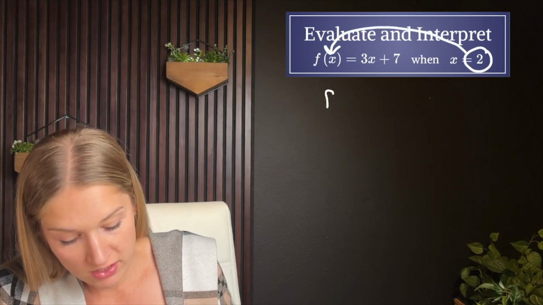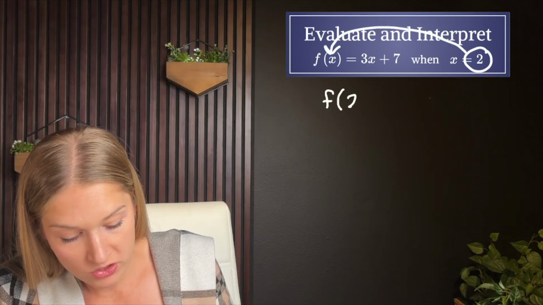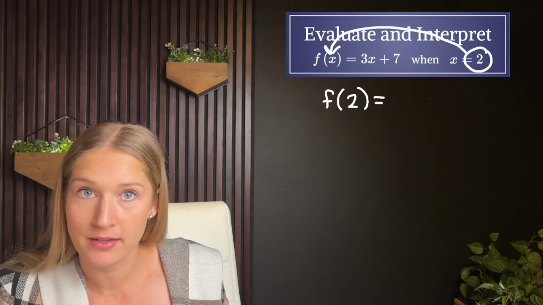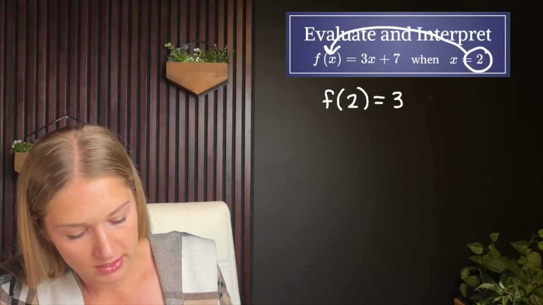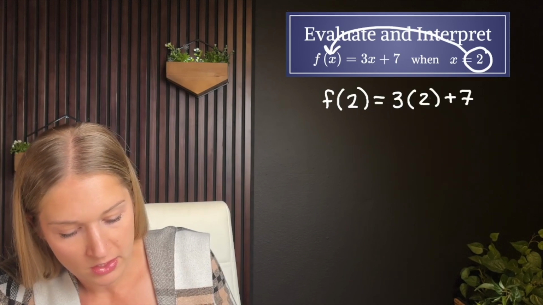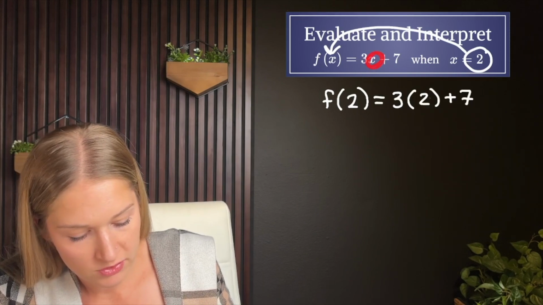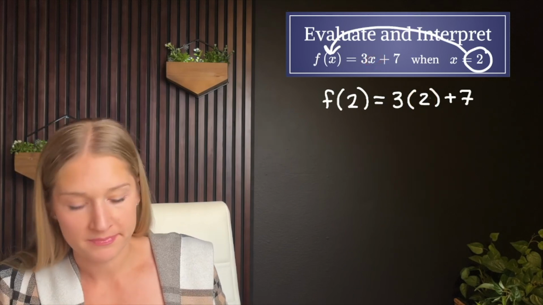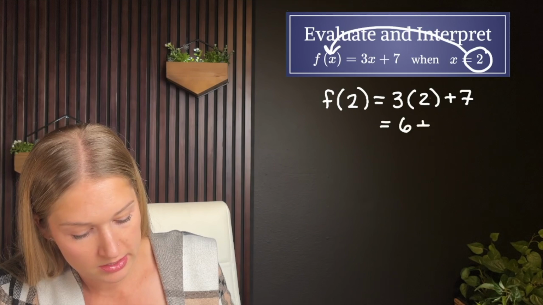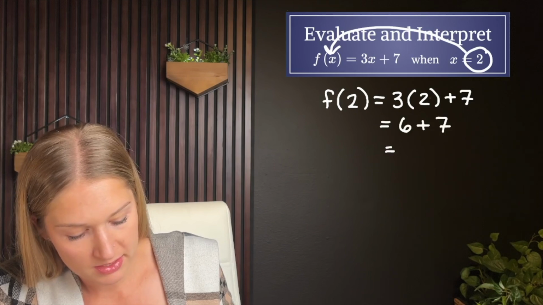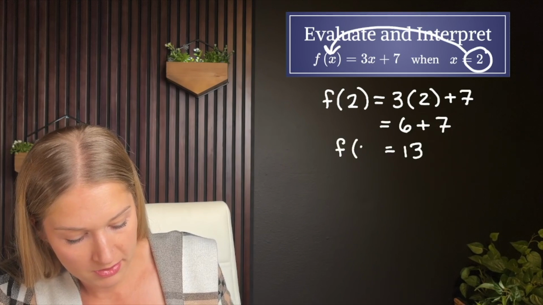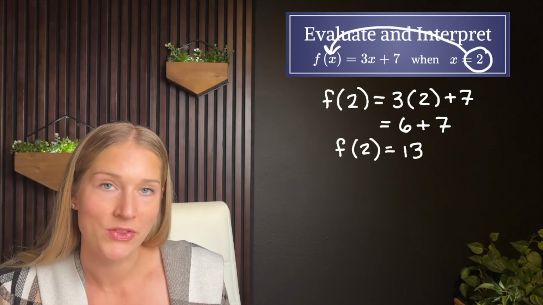So the function now, when x is 2, is whatever I get when I plug 2 in to the right side: 3 times 2 plus 7. So that x from above just becomes 2. And then I simplify that right side. 3 times 2 is 6, and 6 plus 7 is 13. So the function, when I plug in a 2, is 13.